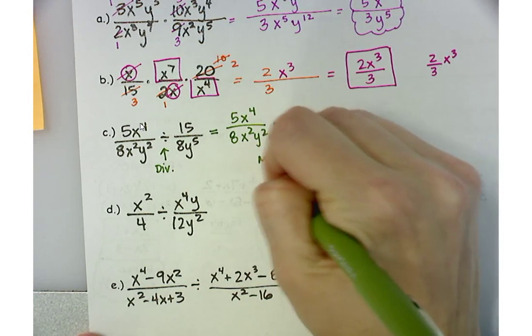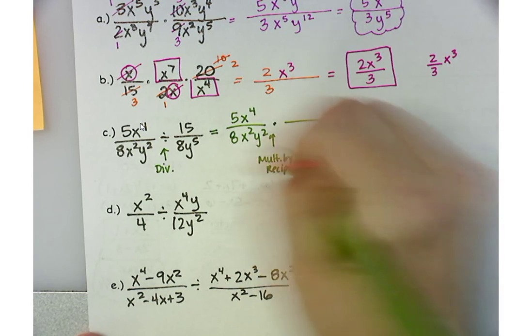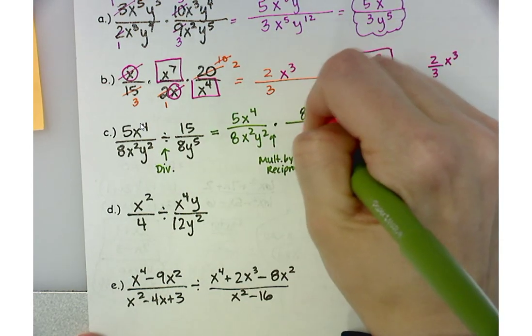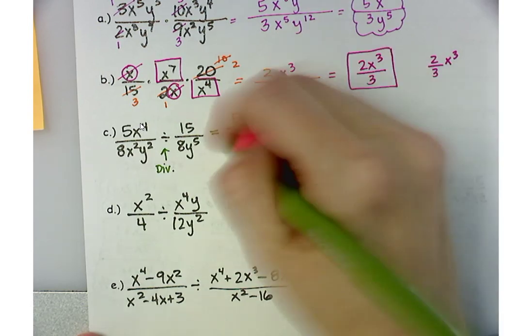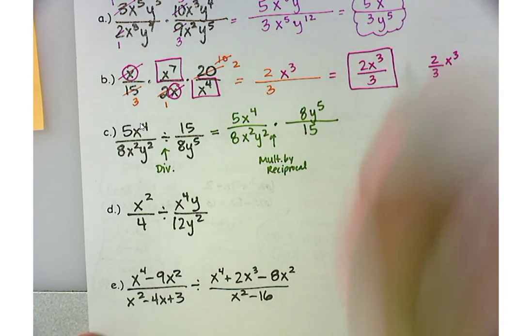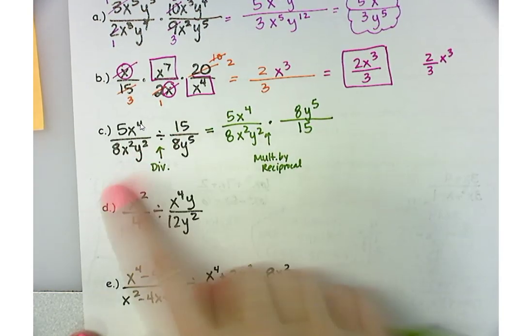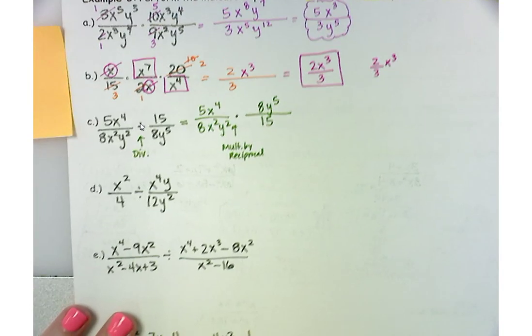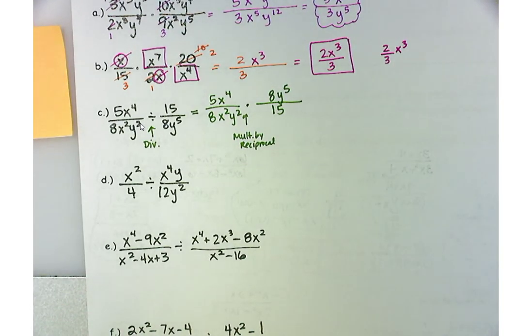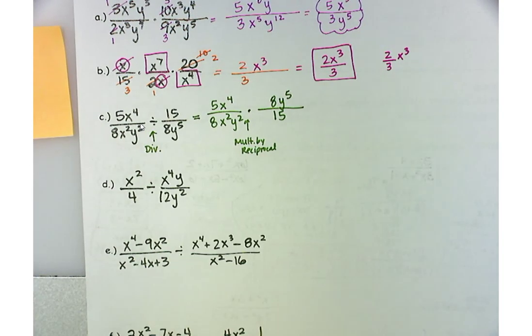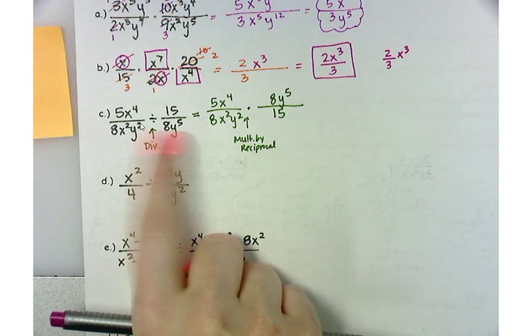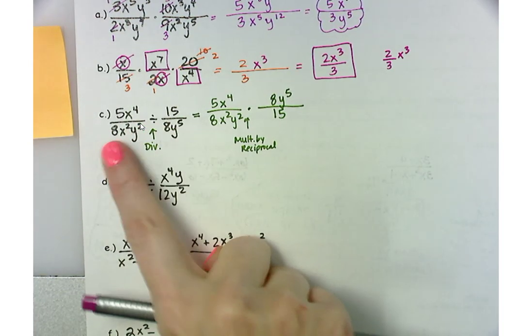I do that first so I don't accidentally start canceling out values that cannot cancel. So the only time you can cancel them out is if you are dividing them. So if they're both in the denominator, right? If this was multiplication, I couldn't cancel those out because that would be 8 times 8, not 8 divided by 8. Here, I do have 8 divided by 8 because I'm multiplying by the reciprocal.